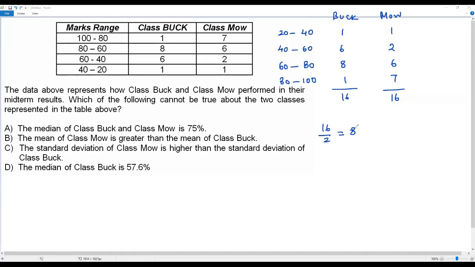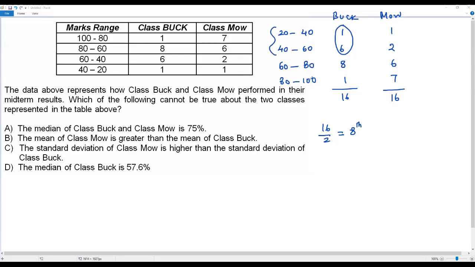Now we have to see where we get the 8th frequency. When I consider the frequencies of Class Buck, we have the very first frequency in the first classification 20 to 40. The next 6 frequencies we have in the next classification 40 to 60. In all, we have the first 7 frequencies in the first two classifications.